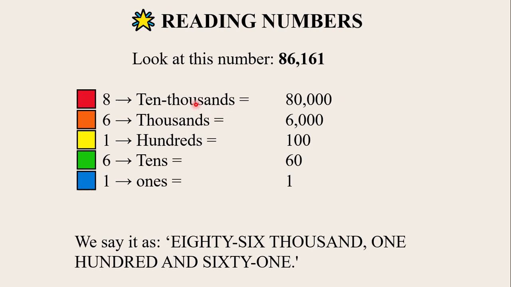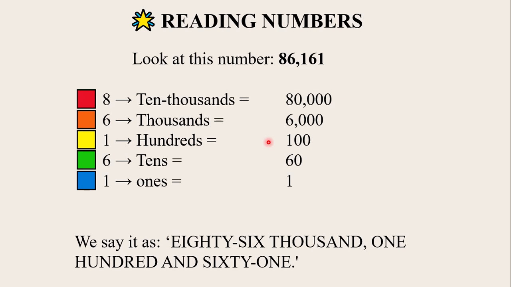So how many zeros do we have again? Yes, 4 zeros. 1, 2, 3, 4. We had 4 zeros. So the second place, 6,000. Again, how many zeros do we have? 3 zeros. Let's do it. 1, 2, 3. And the third one, hundreds.